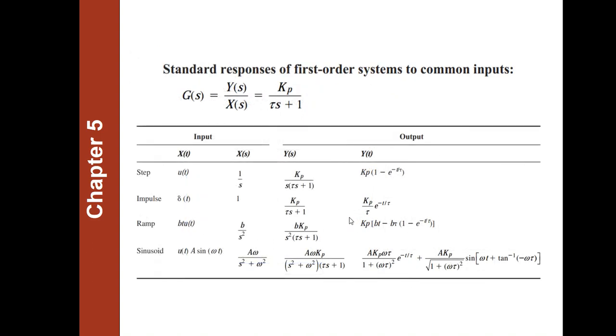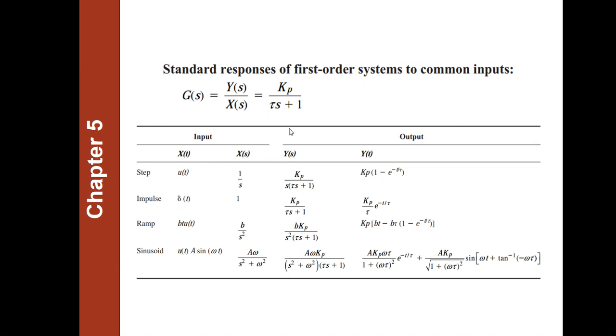Now, as a summary of everything that we have discussed, and this is taken from our general reference book by Coughanowr, you have here the four. I did not include the pulse anymore because we already have the impulse here. This is the forcing function representation. This is the Laplace of the forcing function.